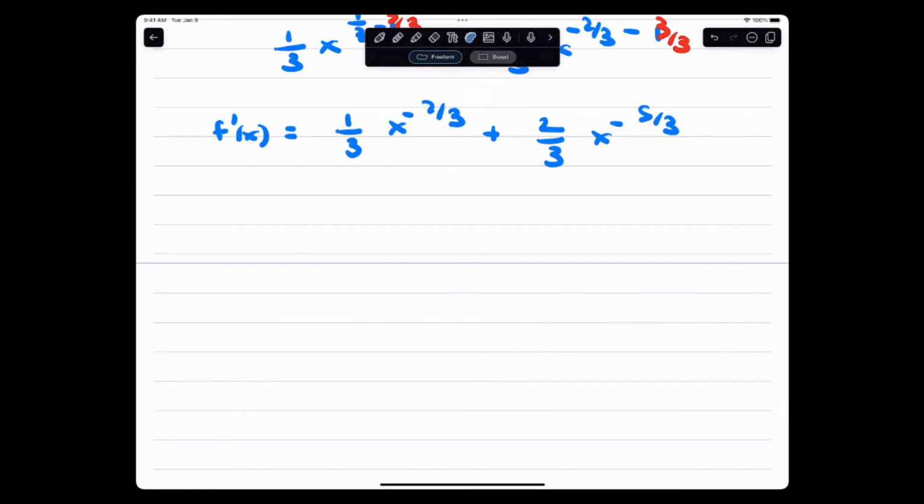Now, remember, we have to set this equal to 0. Remember, what's your game plan? Ideally, you take that derivative, you set it equal to 0, and you find where it's undefined. But the problem is now we're going to have to use some what here.